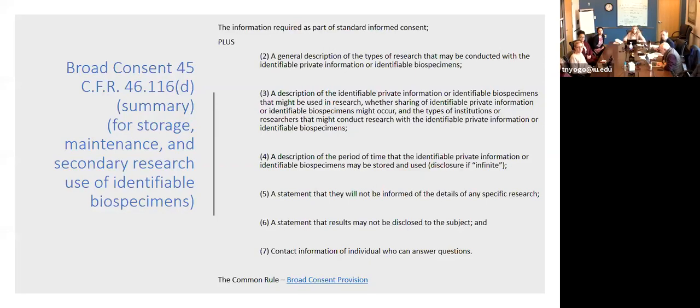A brief note on broad consent. If you're going to use a broad consent for potential future research, you must have all of the elements of the standard informed consent plus these additional 6 pieces of information, which include contact information of an individual who can answer questions, which I think is really important once we get into research on biospecimens, which people largely don't understand.